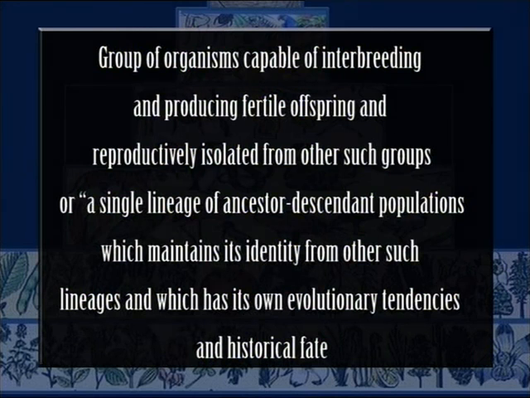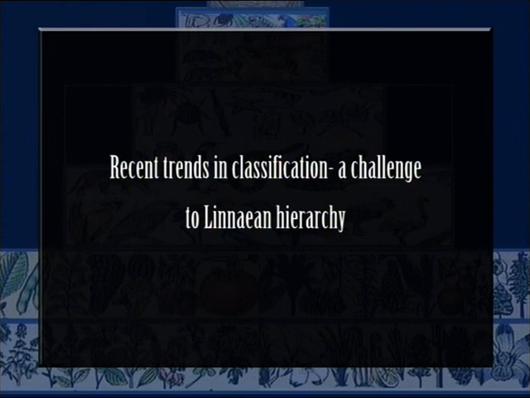Now we will briefly analyze some of the modern trends in classification, a challenge to linear hierarchy. For almost 250 years, the linear hierarchy has served as an important part of taxonomy's methodological foundation.